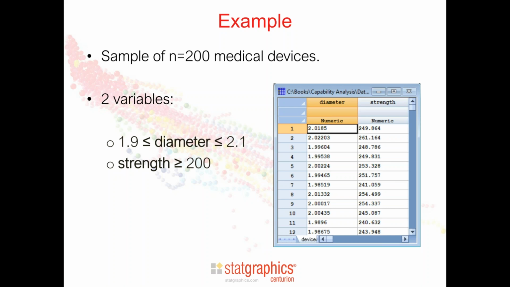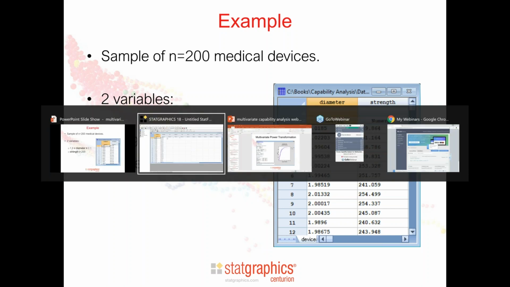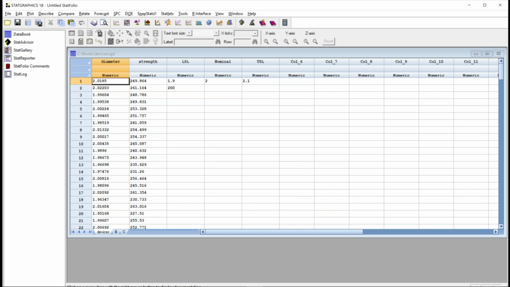Okay, now I've loaded this data into Statgraphics, so let me go over to Statgraphics. This is version 18 that we'll be running today. You see in the first two columns 200 values for diameter, 200 values for strength. I've also created columns with the lower specification limits for the two variables, 1.9 for diameter, 200 for strength.